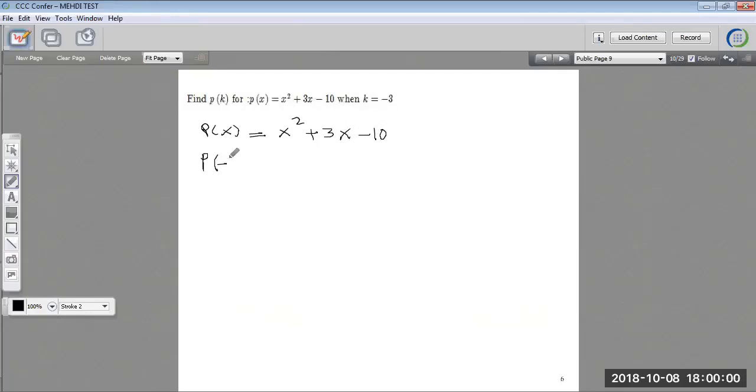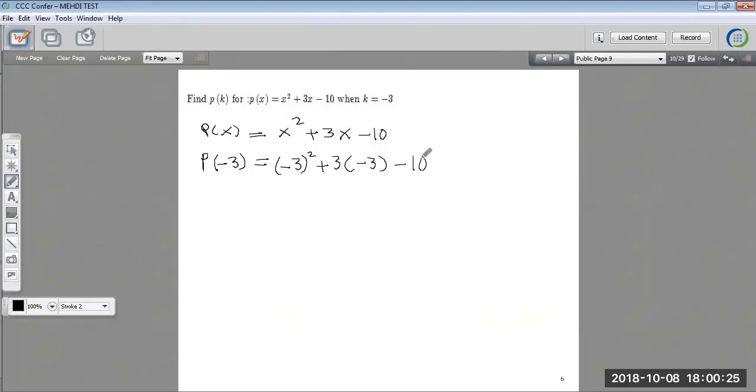Since k is equal to negative 3, that's all you need to do, substitute for each x negative 3. It's like somebody asked you to evaluate this expression when x is equal to negative 3. All right, we just substitute for each x negative 3.